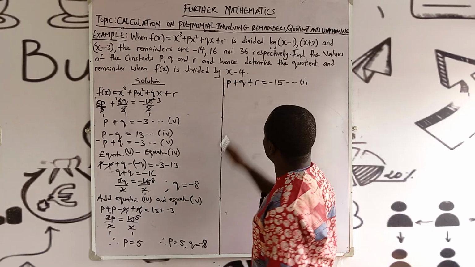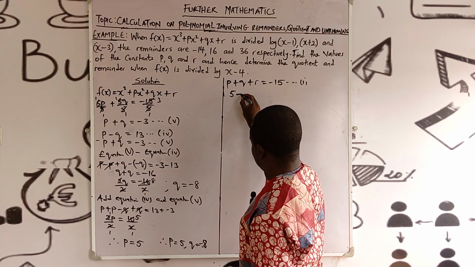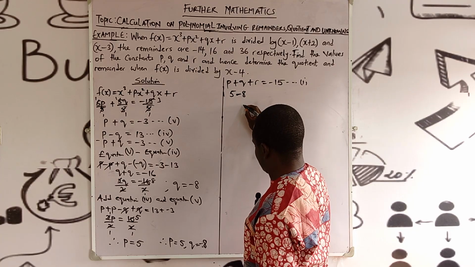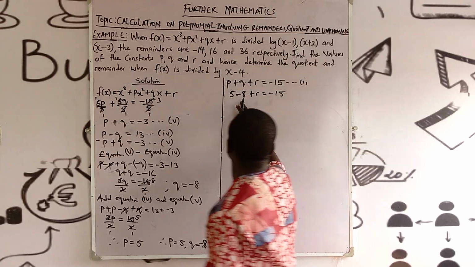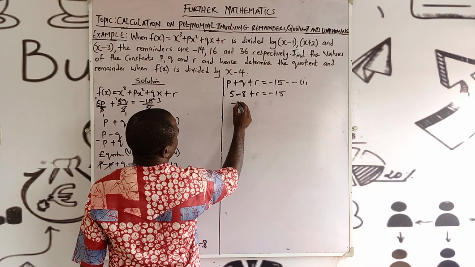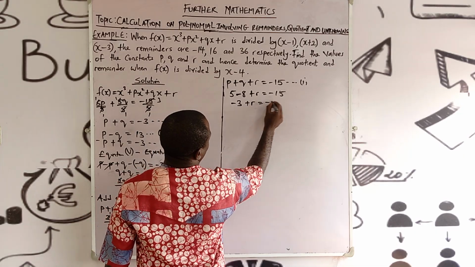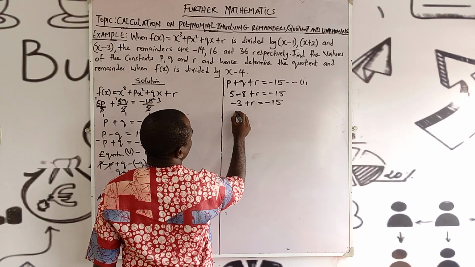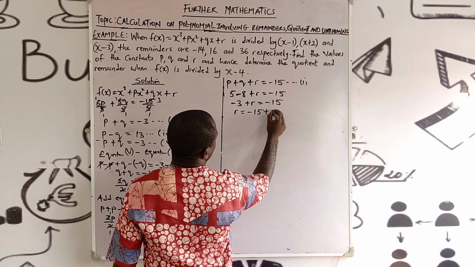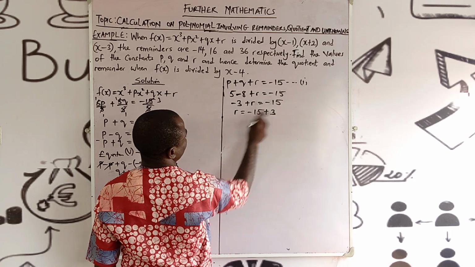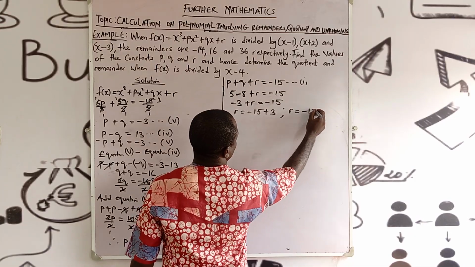You have p to be 5, q to be minus 8, plus r equals minus 15. 5 minus 8, that's minus 3, plus r equals minus 15. Collect the items, r equals minus 15 plus 3, that's minus 12.